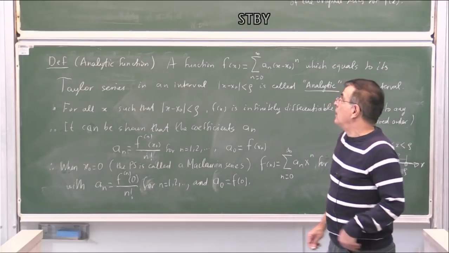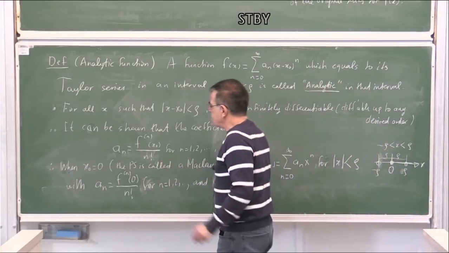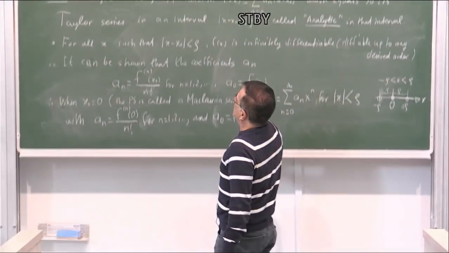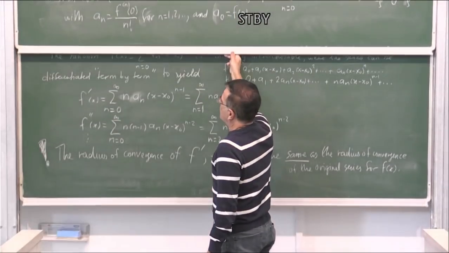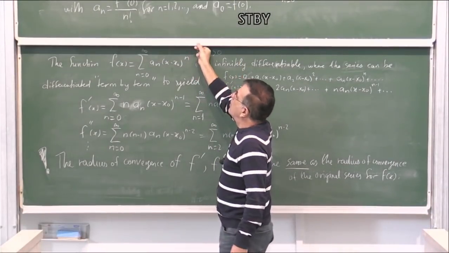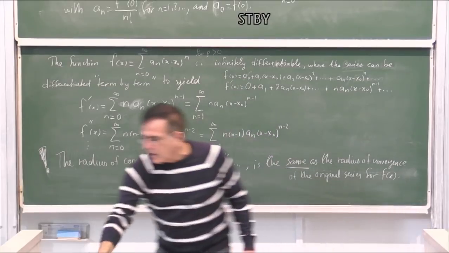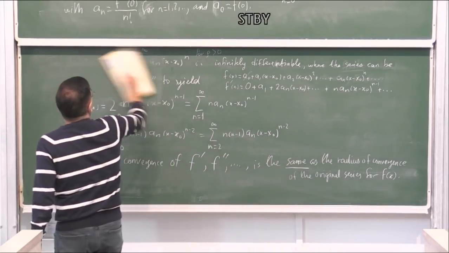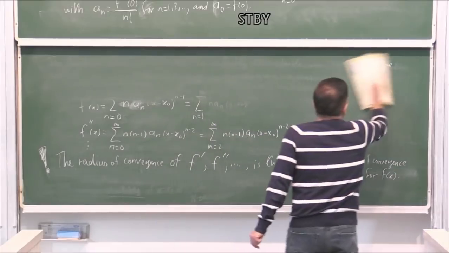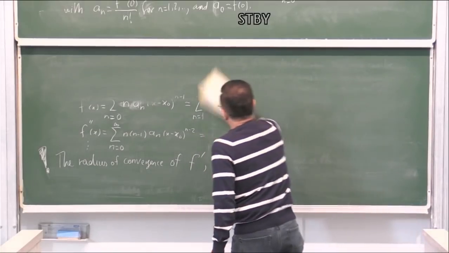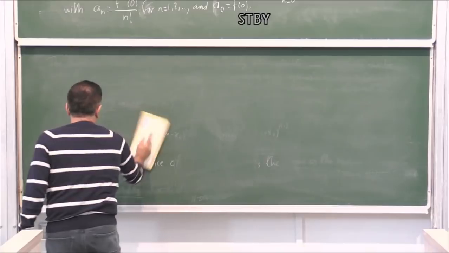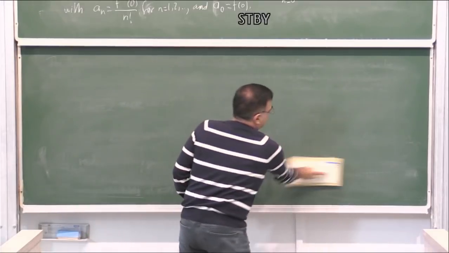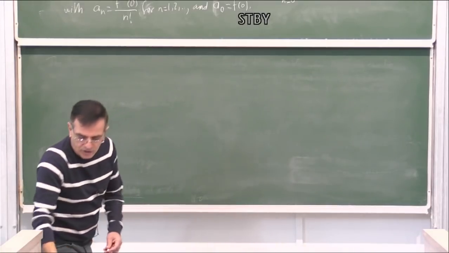Good. Now, let us recall some very famous Maclaurin series. Examples are very well known. Power series, for example, the geometric series.